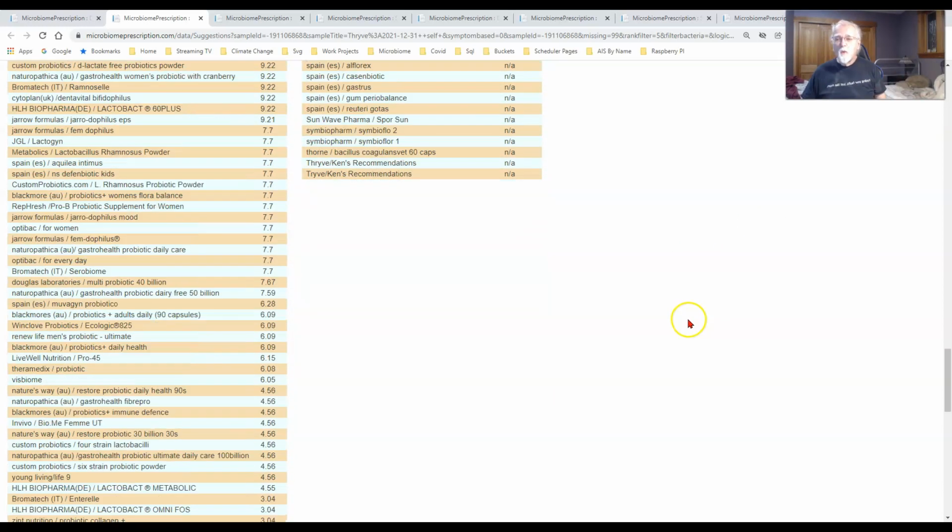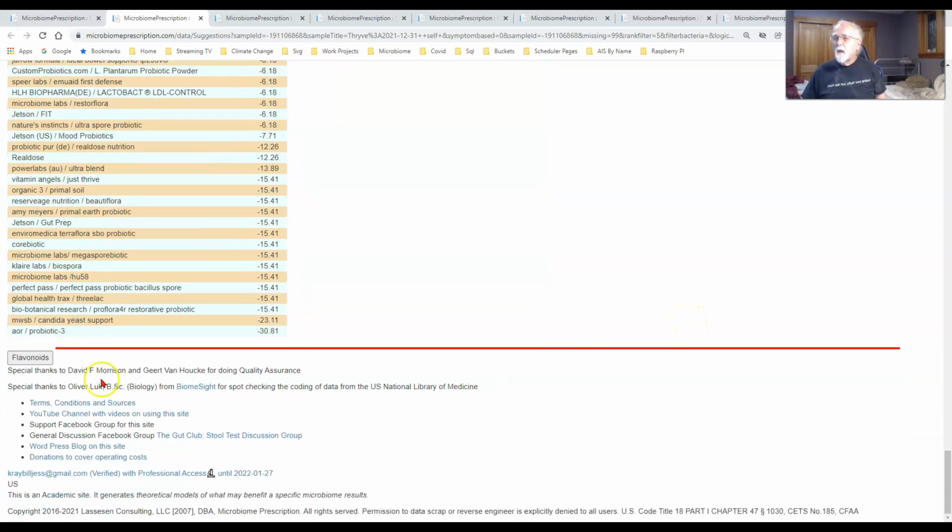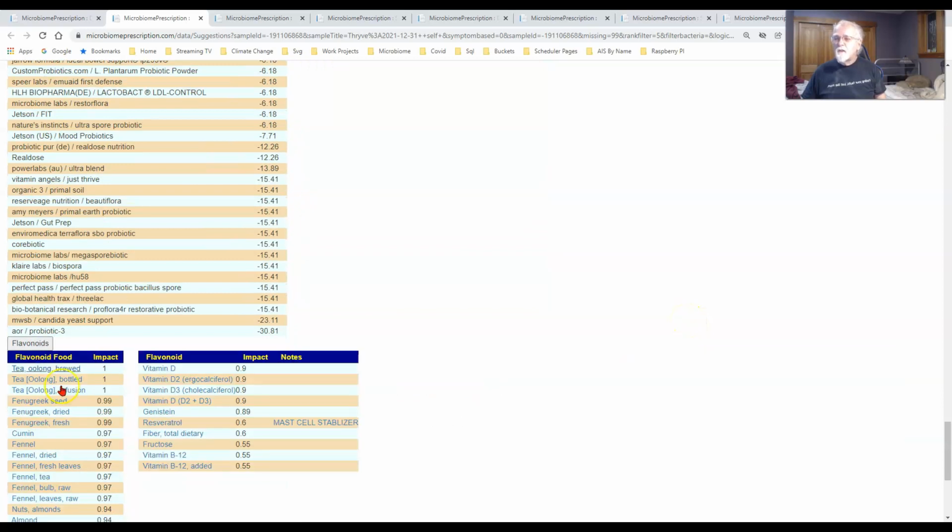And then we go further down, oh boy, we end up with a section called flavonoids. Flavonoids are in food, and here we have to do a bit of wiring together.